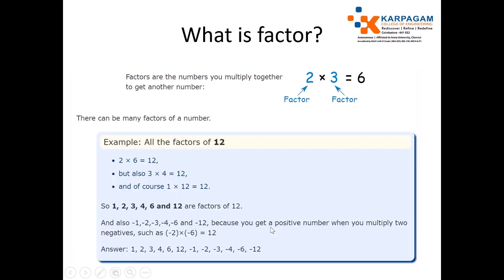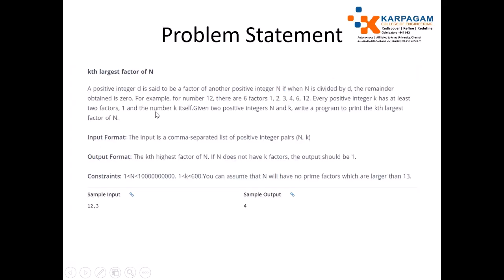Before getting to the solution, I will tell what a factor is. Factors are the numbers you multiply together to get another number. For example, for a given number 6, the factors are 2 and 3. Here I need to find the largest factor. It is mentioned in the problem itself that 1 along with n itself we can include.